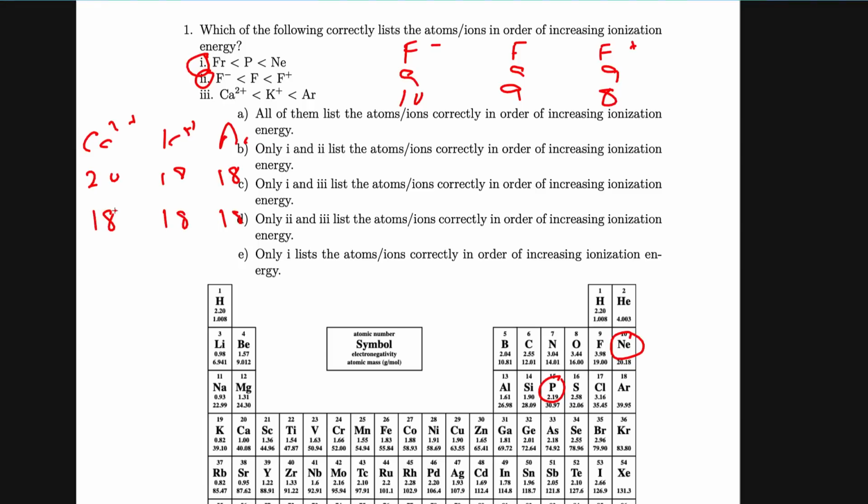And so these guys are isoelectronic, meaning they have the same electron configuration. And so the more protons, the stronger the attraction, the higher the ionization energy. And so the calcium 2+ should have the strongest ionization energy, and the argon would have the weakest. And so the answer is going to be B, only 1 and 2.